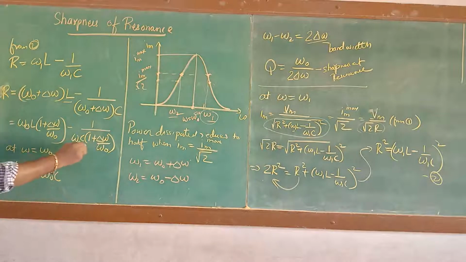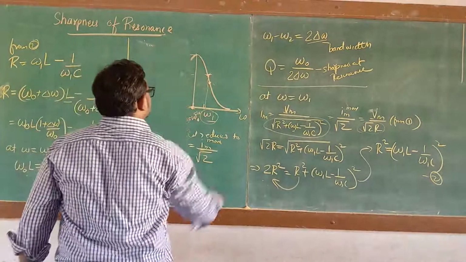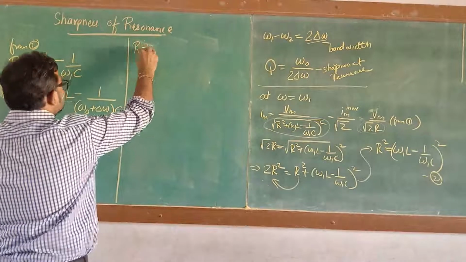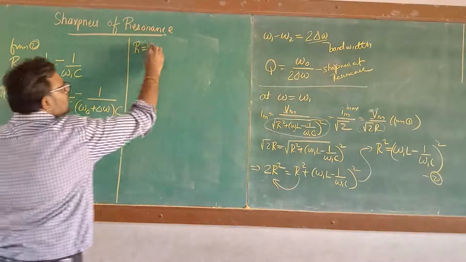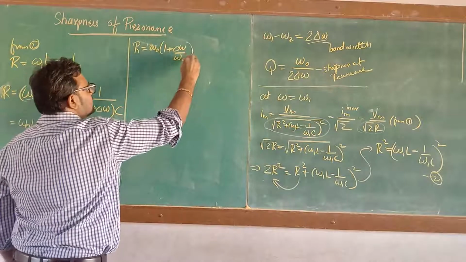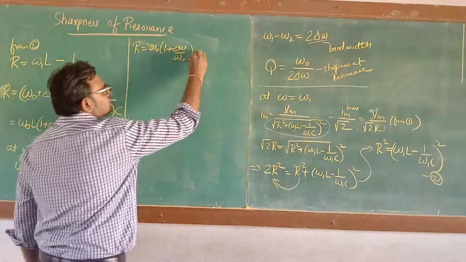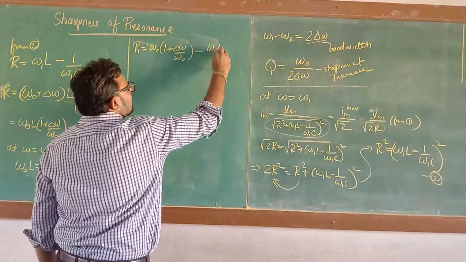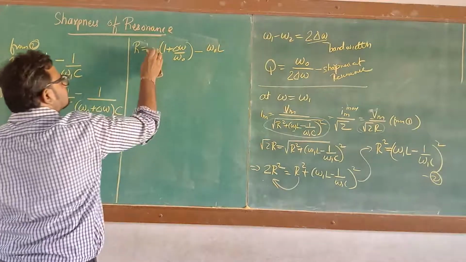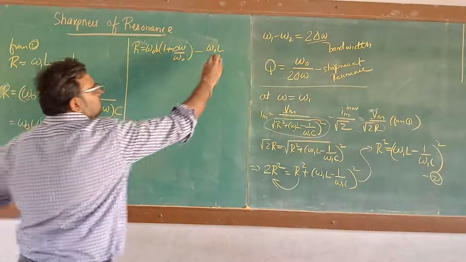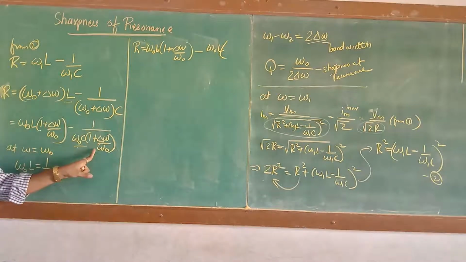So let's put this in place of 1 by omega C. I will get R equal to omega 0 L (1 plus delta omega by omega 0) minus 1 by omega 0 C. Sorry, here we missed L. It's omega 0 L.